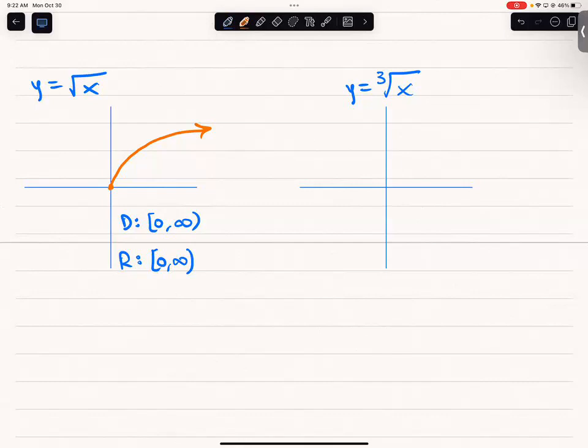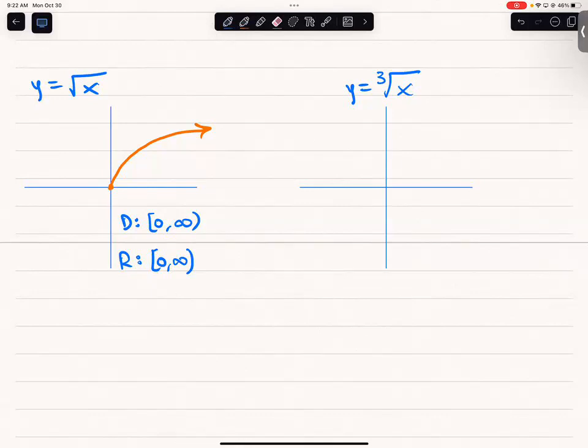Okay, what about the cube root? If a square root's a sideways parabola that we had to cut up and throw half of it away, then a cube root's going to be a cubic flipped over on its side, right? Because those things are opposite if we think of them as operations, right?